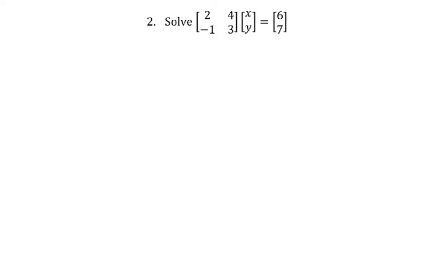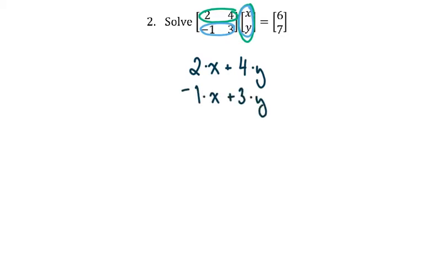So what we can do here is use what we just reviewed, how to multiply two matrices together, so we're going to do that here. Again, we're going to multiply the first column by here, and so then we end up with 2 times x plus 4 times y, and then here we've got second row times -1 times x plus 3 times y.